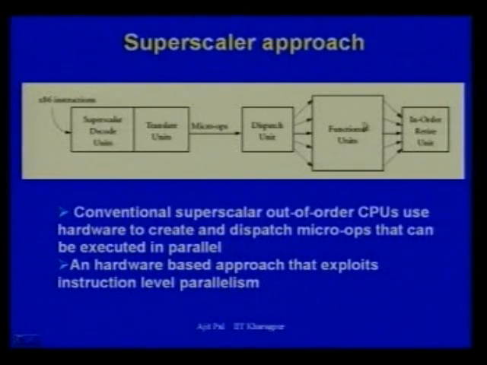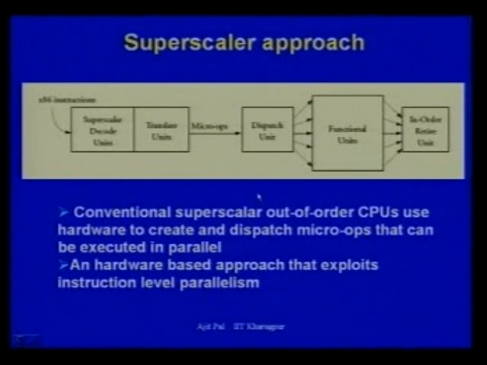The functional units will do various operations like floating point, fixed point operations and so on, and then you will require an in order retire unit where those results will be combined, and then results will be produced in order, that means the order in which instructions were received. All these things, the decode unit, translate unit, dispatch unit, in order retire unit, are implemented by hardware, and these are very power hungry.